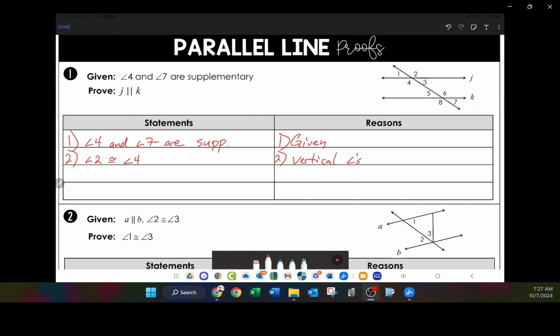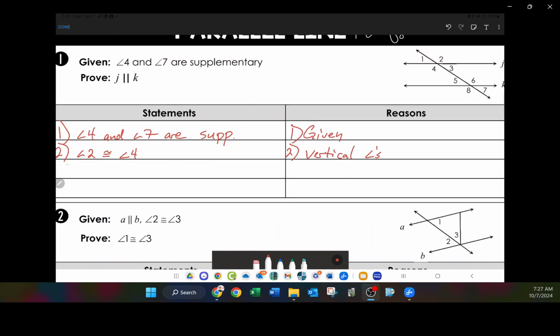Now, there's a theorem called the supplementary congruence theorem that we learned a while ago, 2-3 weeks ago. It says that if two angles are supplementary to the same angle, they are congruent. So, if angle 2 is congruent to angle 4, and angle 4 is supplementary to angle 7, what else is supplementary to 7?